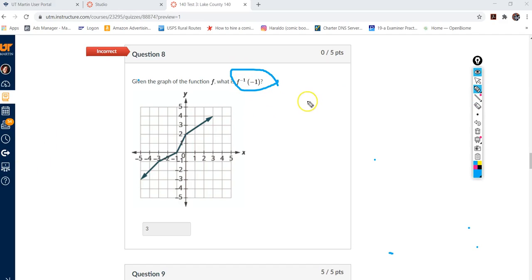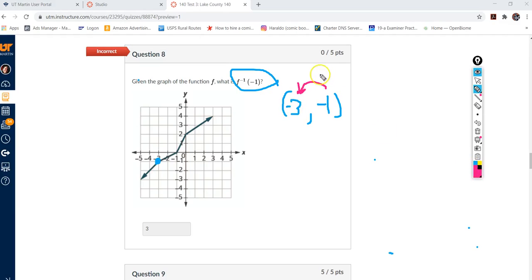If it's f inverse, I look for the point on f whose y coordinate is -1, because f inverse will map the y into the x. And as we can see, there's the point, and the point is -3, -1.